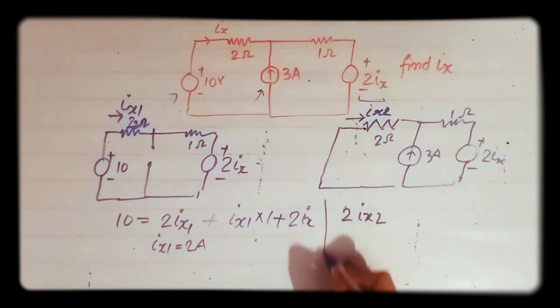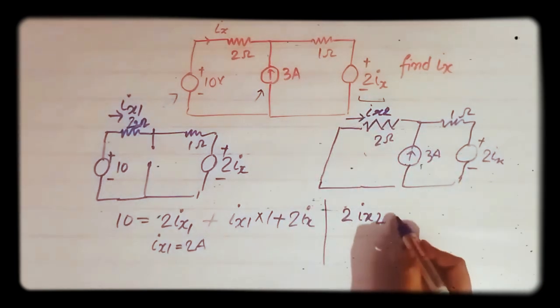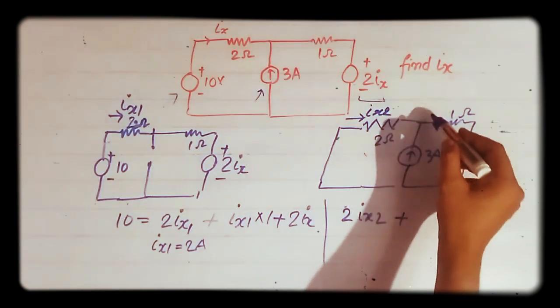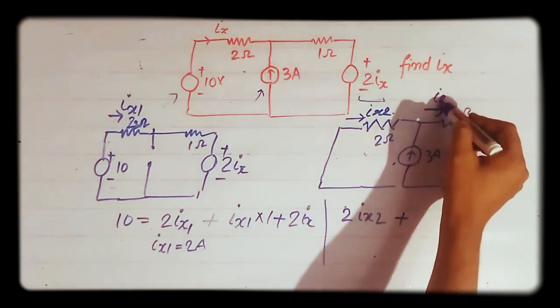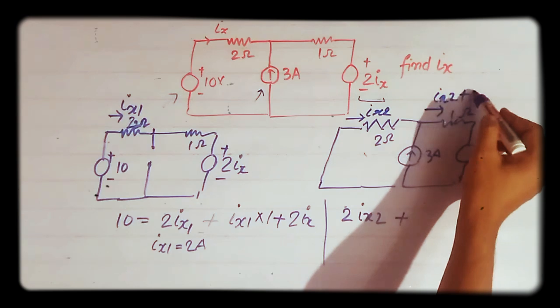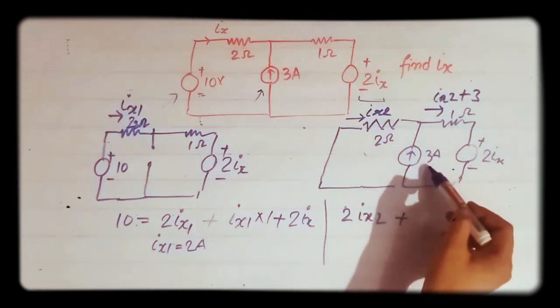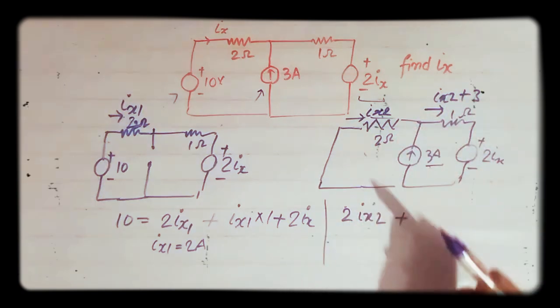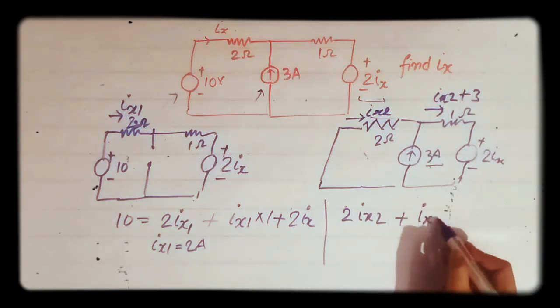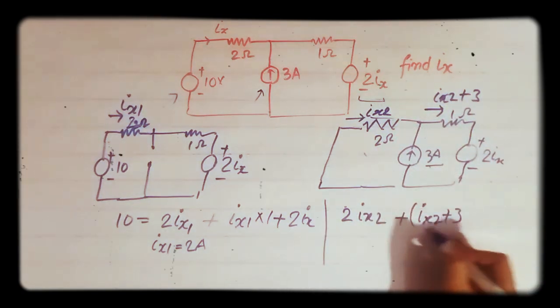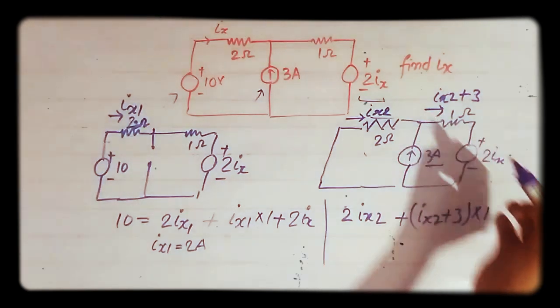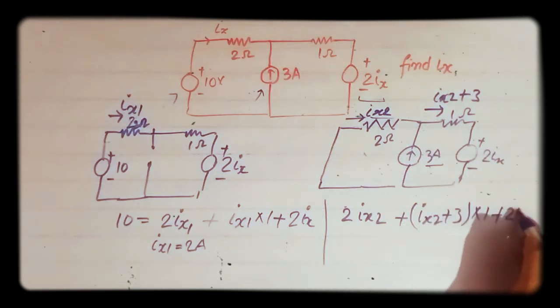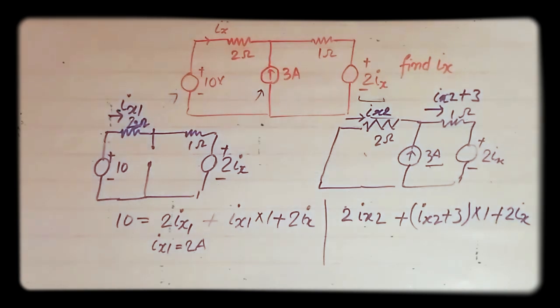Applying KVL: 2ix2, plus the current in this branch, which is ix2 plus 3. This 3 ampere and ix2 add, so I get ix2 plus 3, into this 1 ohm, plus 2ix2, equals 0.